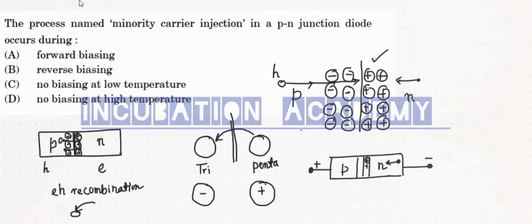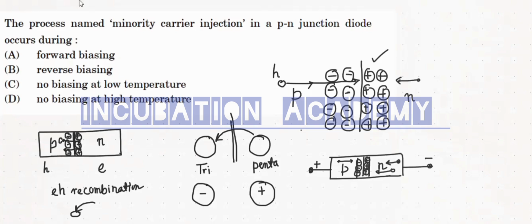The electrons neutralize this depletion region a little bit. The same thing is done on the P side also. Then the majority carriers from the negative side and the holes from the positive side start passing through this depletion region. Minority carrier injection starts occurring when the diode is forward biased.